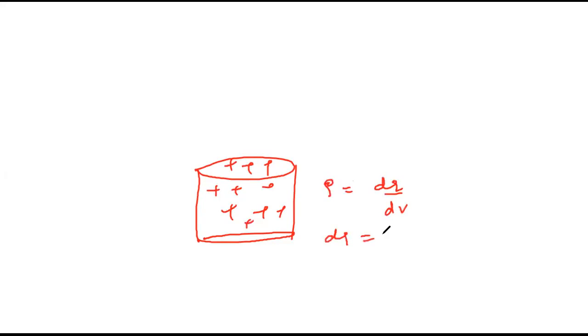Therefore dq equals rho dV. Just draw this diagram and write this much. So generally if charge is not uniform, we take a small part where the charge is almost uniform. This is one of the advantages.